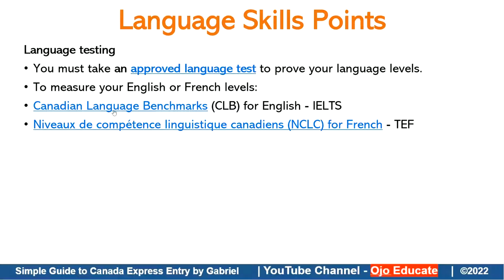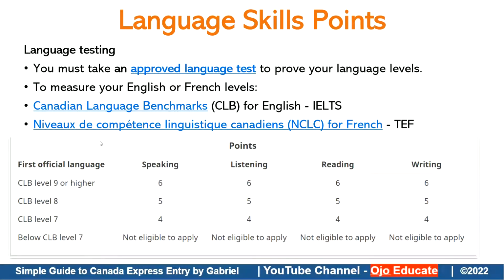For the English test, I recommend IELTS, and for French you can take TEF. This is the Canadian Language Benchmark. For example, if your primary language is English, for CLB level 9 or higher, you have 6 points in all of these, and CLB level 8, you have 5, and CLB 7.